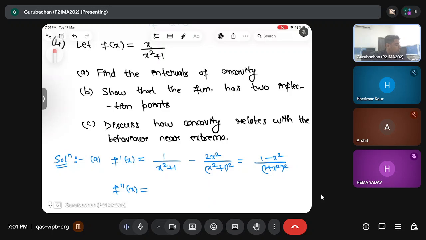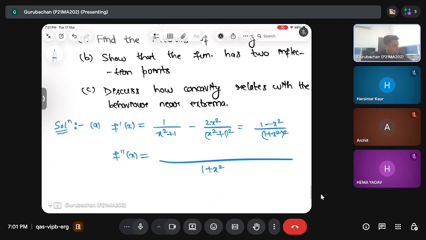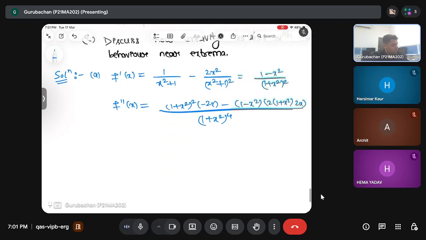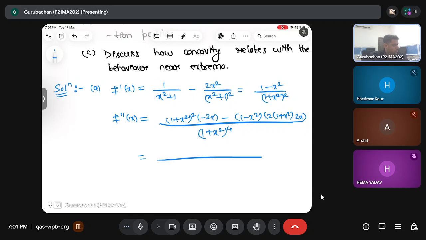So what is the double derivative you are getting? 1 plus x square to the power 4. Here it will be as it is, that minus 2x with negative sign, 1 minus x square, 2 into 1 plus x square into x. So when you solve this a little, in the denominator you will get a cube, and in the numerator you will get minus 2x into x square minus 3.